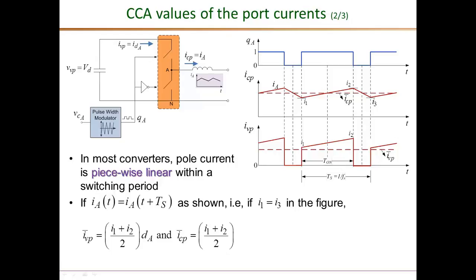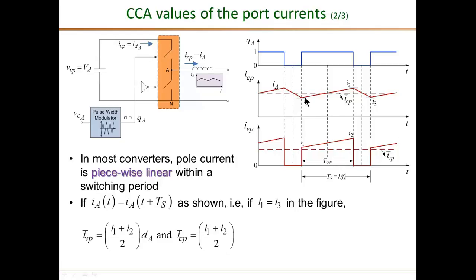If you look at the voltage port current IVP, that is defined as IDA, which refers to the DC current due to pole A, during the on interval it is exactly the same as the current port current. So the voltage port current here during the T on interval is exactly the same as this. And during the remaining interval in the same switching period, it is exactly equal to 0.